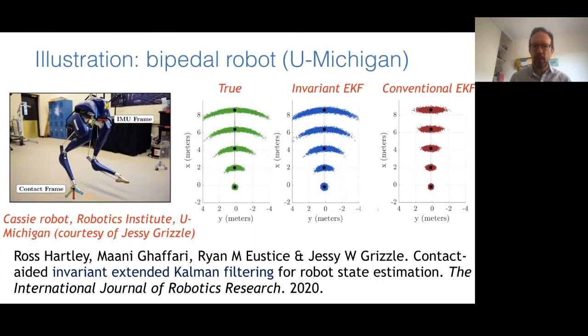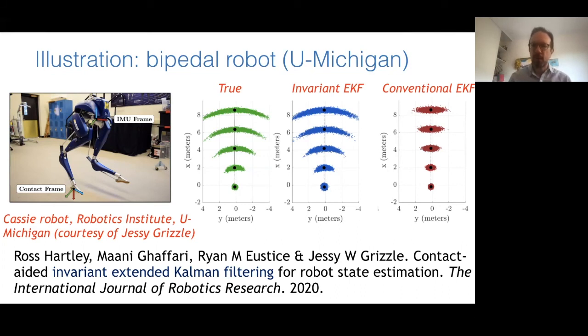If you use an invariant EKF, which makes the assumption that the state is Gaussian in the log coordinates, then you capture very closely the actual dispersion of the state over many experiments.